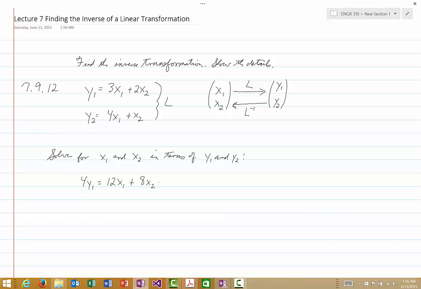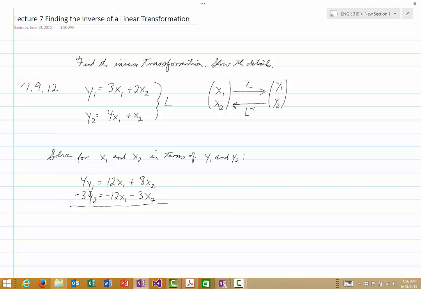And then if I multiply the second equation by -3, I get -3y2 is equal to -12x1 minus 3x2.